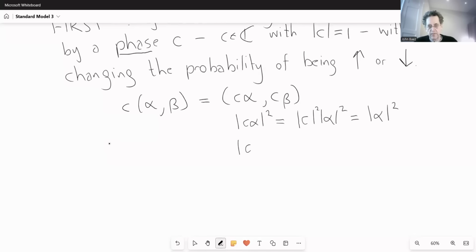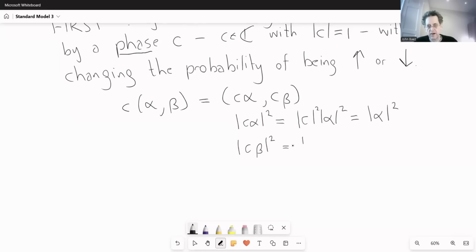Similarly, the probability that you find your quantum system to be down after you've multiplied it by the phase is the absolute value of C beta squared, because that's the new second entry in our little list of two numbers.